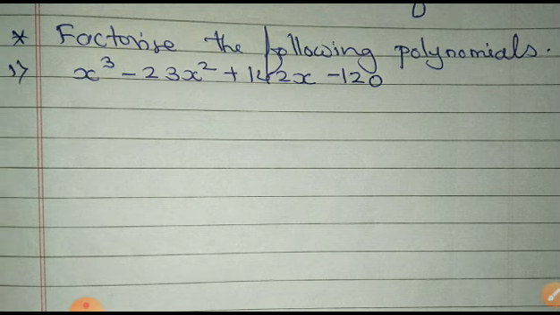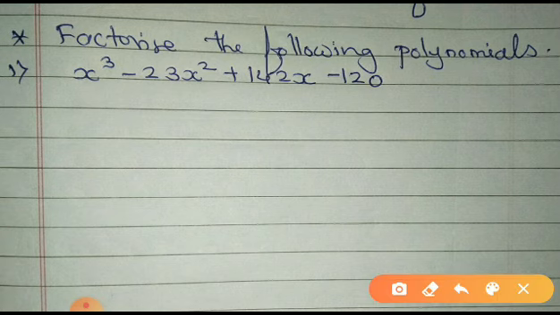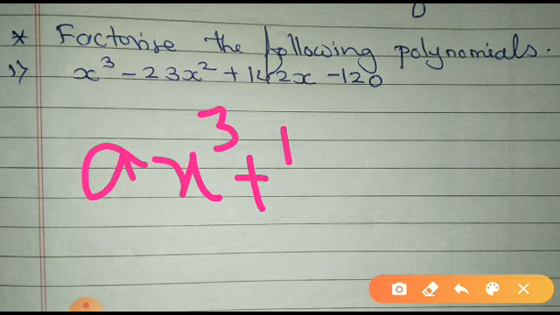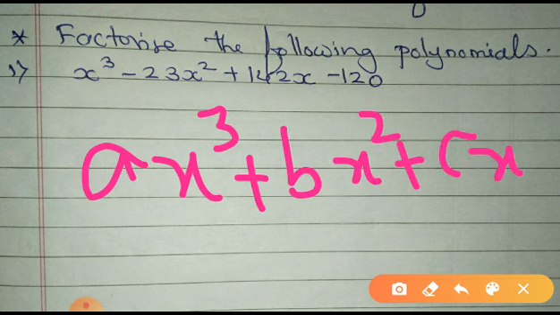Now, we have to factorize a given polynomial. This polynomial is a cubic polynomial because the degree of the polynomial is 3. We know the general polynomial of a cubic is ax cube plus bx square plus cx plus d.